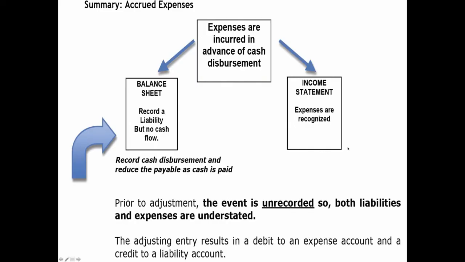So to summarize, accrued expenses are incurred before the cash disbursement. So on the balance sheet, we have to record a liability, but there's no cash flow at this point. And on the income statement, we record the expense.